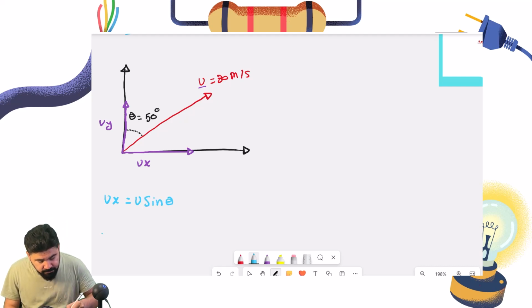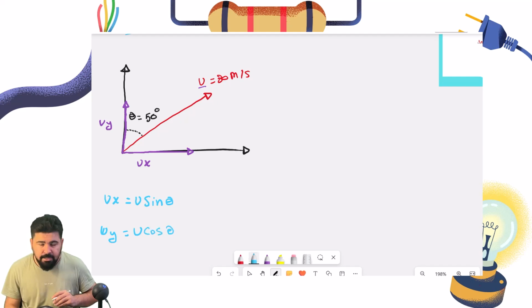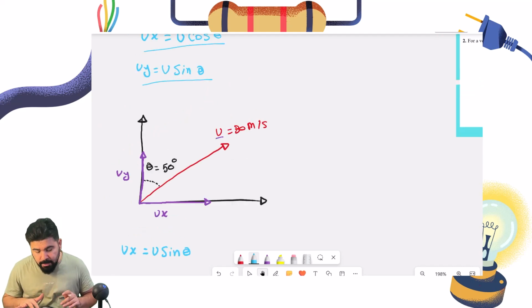And Vy this time is going to be V cosine theta. This is how we find the x component and the y component of the vector that we have.